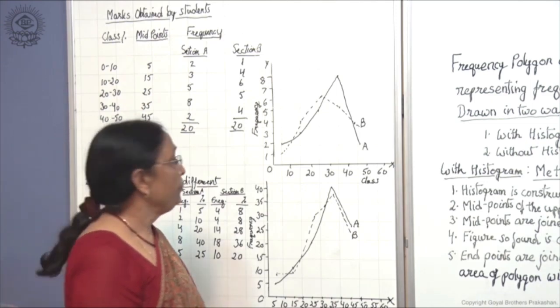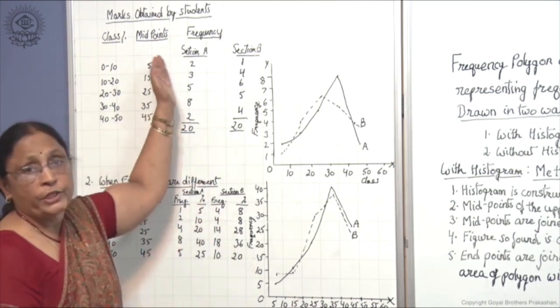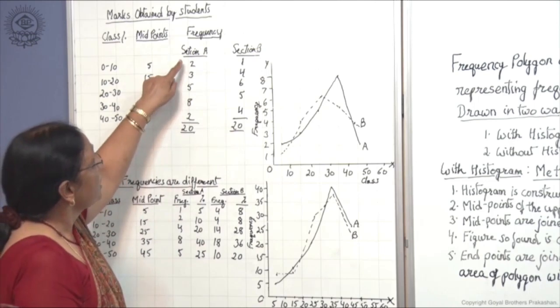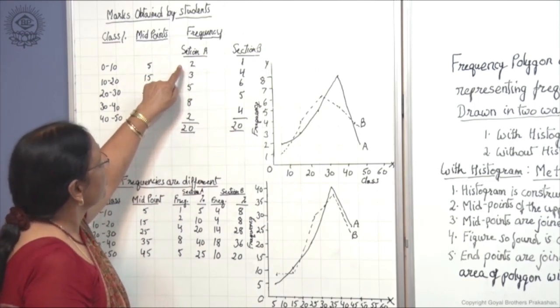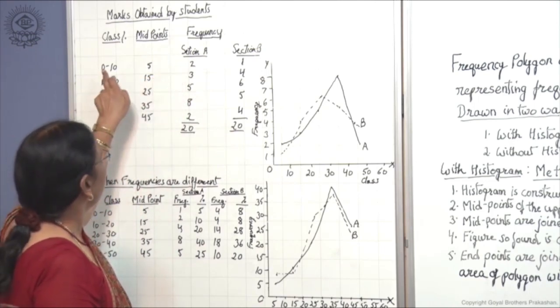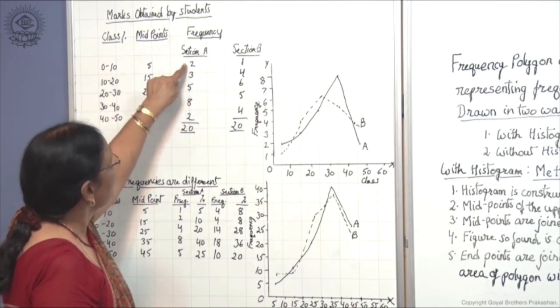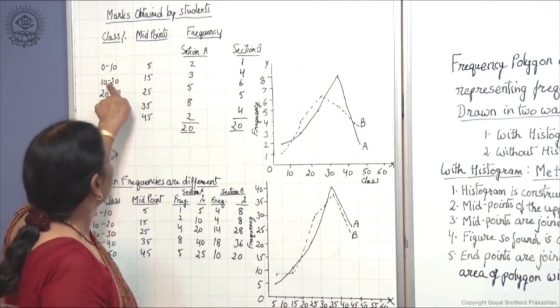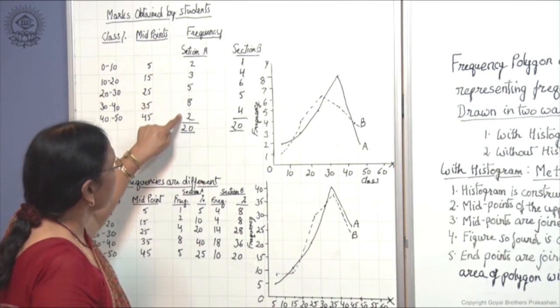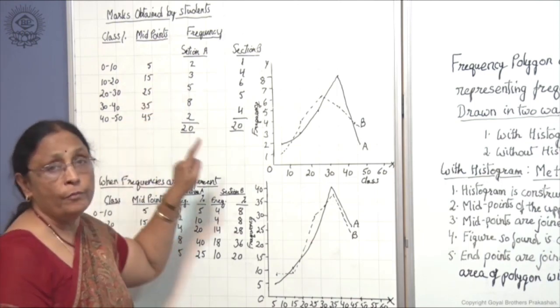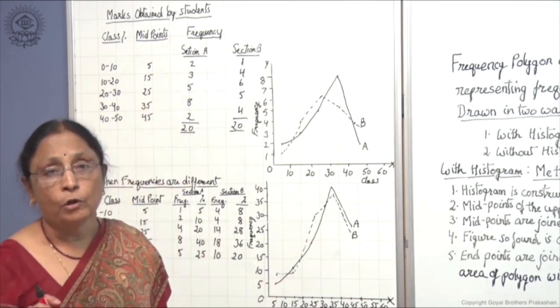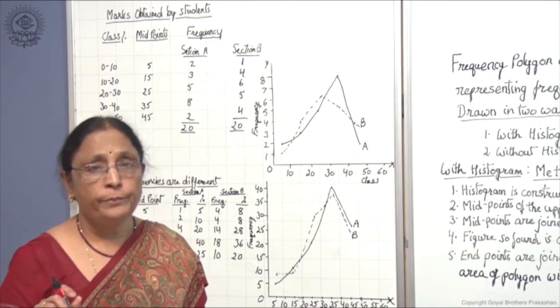This is the midpoint. Now, two sections are there. In the first section, section A, 2 children are getting marks between 0 to 10, and 10 to 20 and so on. This is the frequency of marks of children of section A, right?